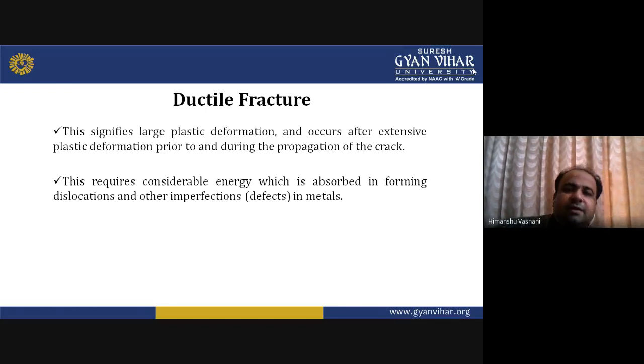We understand that a certain amount of plastic deformation happens and after that the fracture occurs. This extensive plastic deformation requires considerable energy, which is absorbed in forming dislocations and other imperfections in the metal. So here it requires more energy as compared to brittle fracture.